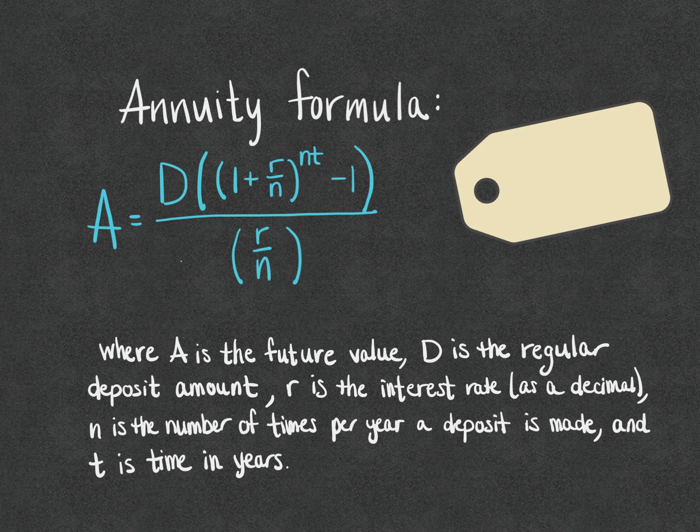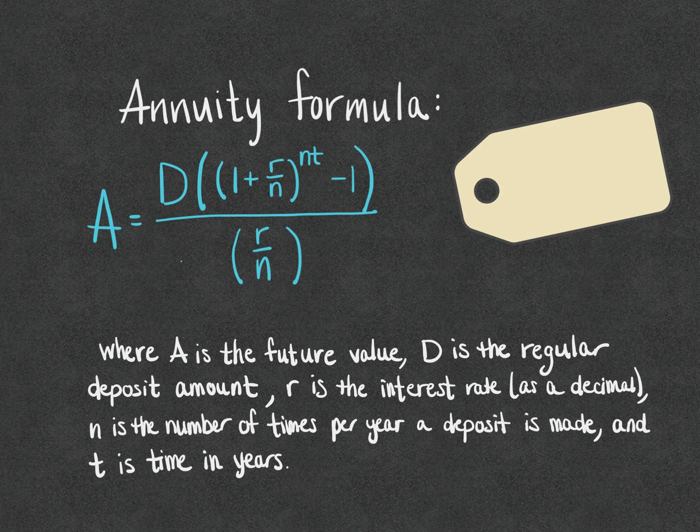We're going to use this formula when you make regular deposits. That could be monthly, it could be annual, it could be quarterly, whatever it is, but that's when we're going to use an annuity formula, when we make regular deposits on an ongoing basis. This is not something that you do just occasionally, okay? For the purposes of our formula, we're going to be making these deposits on a set schedule, if you will.